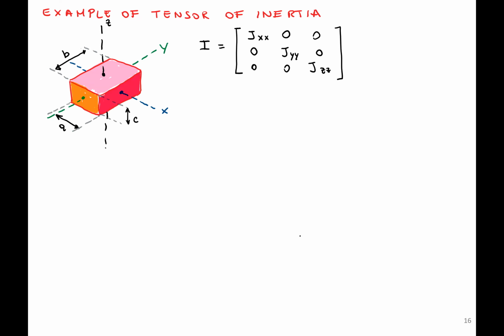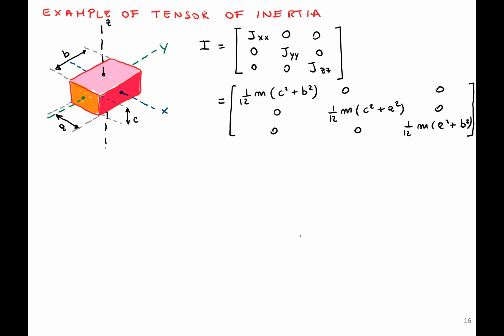So in this case, for example, of a parallelepipedon, because we have this symmetry, we have a diagonal matrix, and we can fill in the diagonal terms of the matrix with the moment of inertia about the free axis. Okay, so it's quite easy.